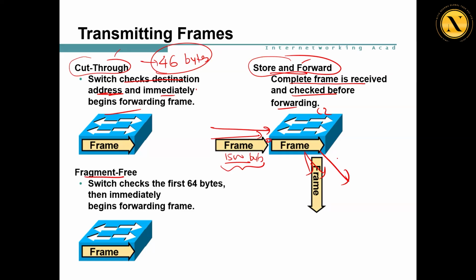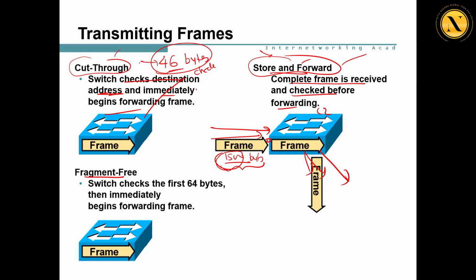Store and forward takes more, because cut through checks only 46 bytes out of 1500 bytes. It's going to check that and forward it. Isn't it? In cut through, the switch is going to check how many bytes? 46 of the 1500. And store and forward is going to check all the 1500. Correct. So which one is going to take more time? Store and forward.